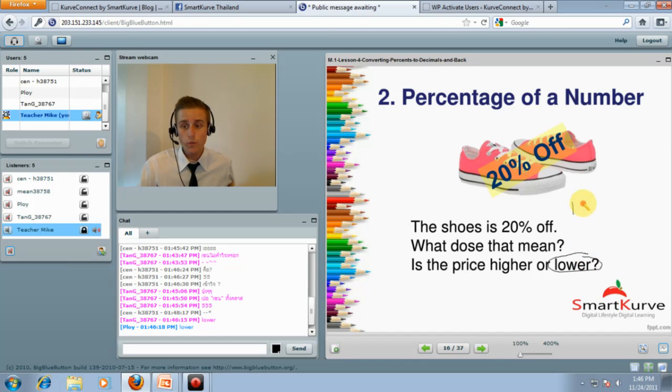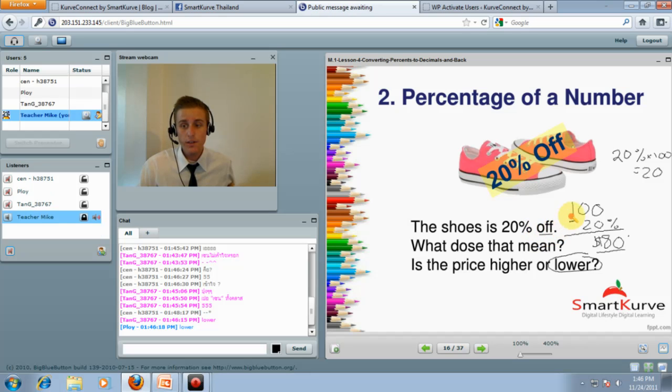So if the shoes were $100, they are 20% off. That means you subtract 20%. 20% of 100 is 20. So the final price is $80. The final price after 20% is taken off is lower than the original.